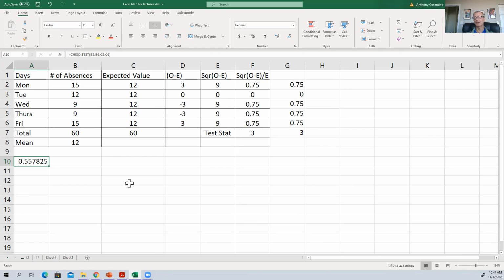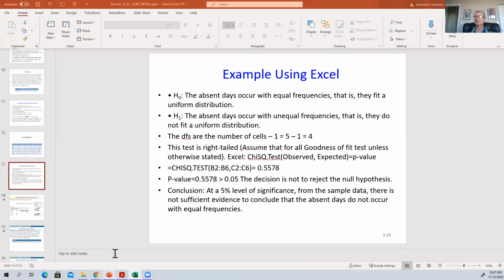You can see the p-value is almost 56%, which is a lot bigger than 5%. If we go back to the presentation, you can see that this was the value here. So again, the decision is not to reject the null hypothesis. Again, not enough evidence to conclude that the absences do not occur with equal frequency.